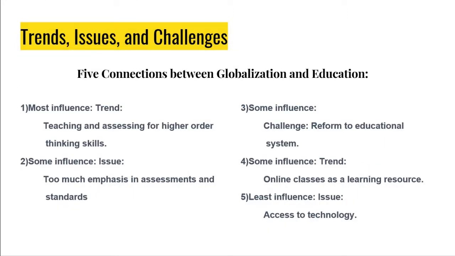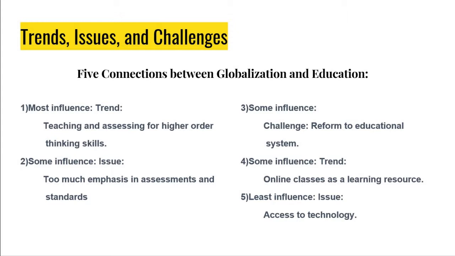The five connections between globalization and education are classified as trends, issues, or challenges. Most influence, trend: teaching and assessing for higher order thinking skills. Number two, some influence, can be an issue: too much emphasis is in assessments and standards.